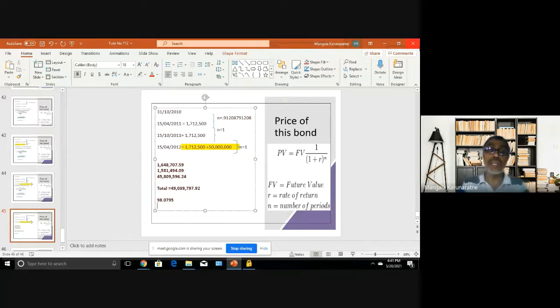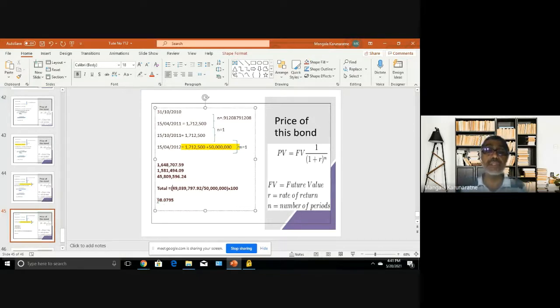So how do you get this? You divide this total by 50 million, right? And you multiply it by 100, because we want to get the 100 units price.